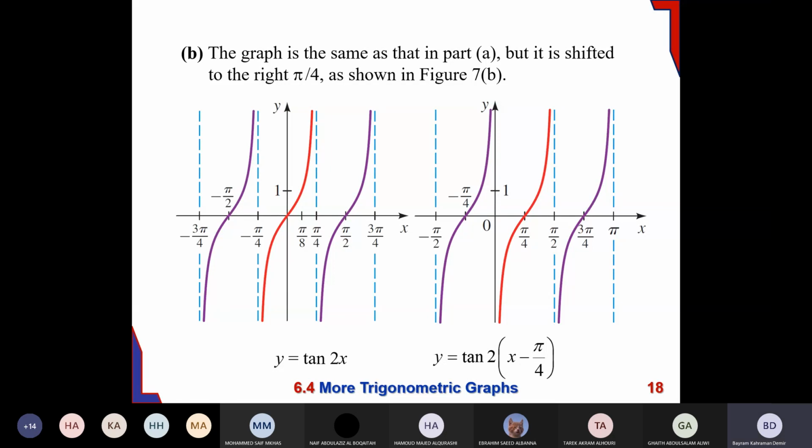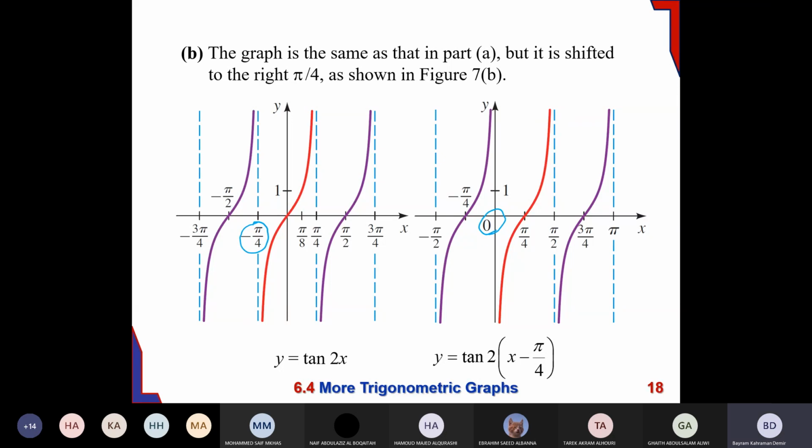All right? Let's focus on the red image to clearly understand what's happening. You see, Shabab, we have negative pi over 4 before the shift. Now let me shift it. Negative pi over 4 plus pi over 4. What happens? It becomes 0.